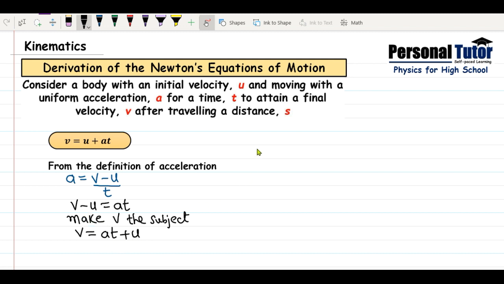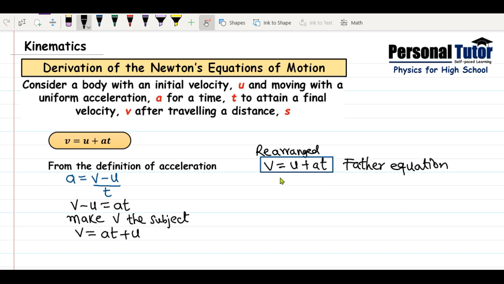From here, the equation was rearranged. So v equals, then the u was stated first before the at, u plus at, and that is how the first equation v equals u plus at came into being.